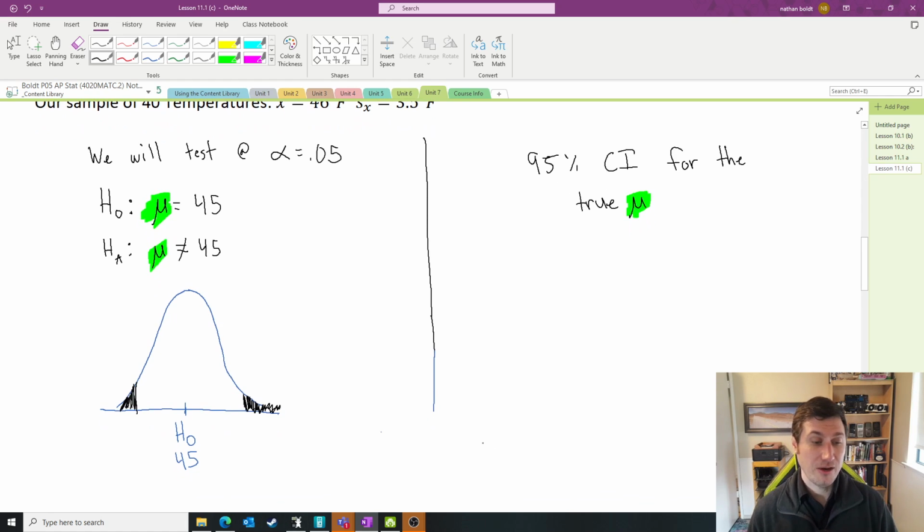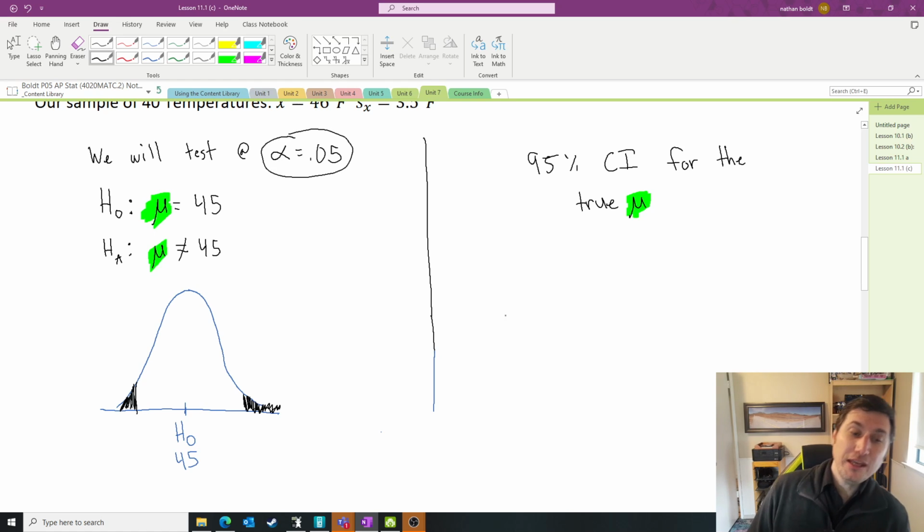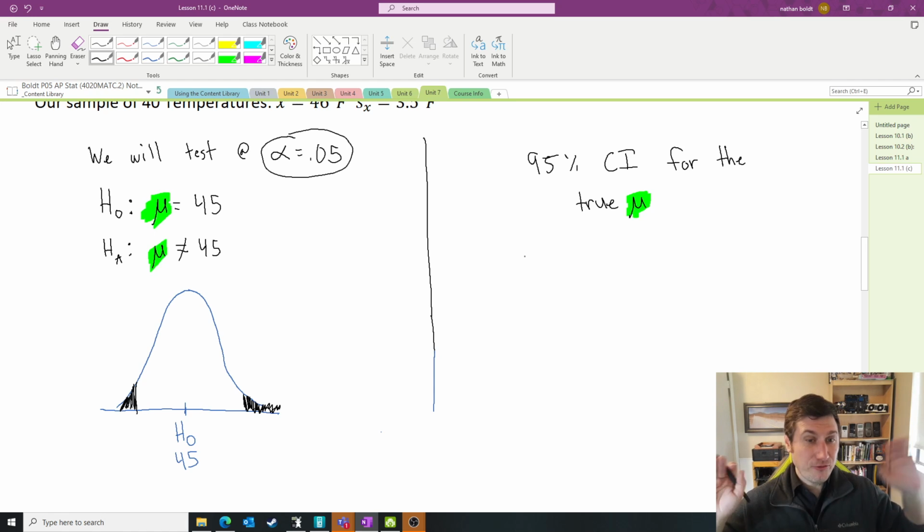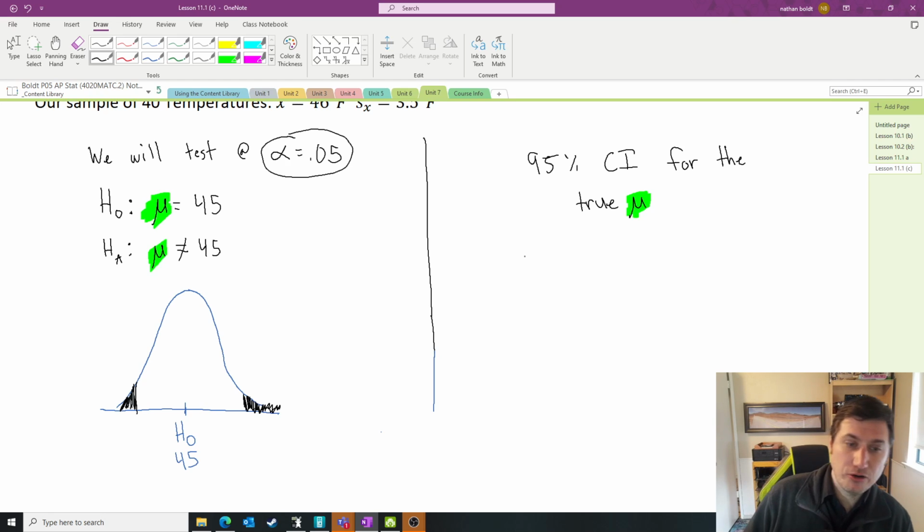All right. Now, how big are those tails? Well, they're connected to alpha, 5%. If we have a sample in the rarest 5%, that will give us evidence against our null.